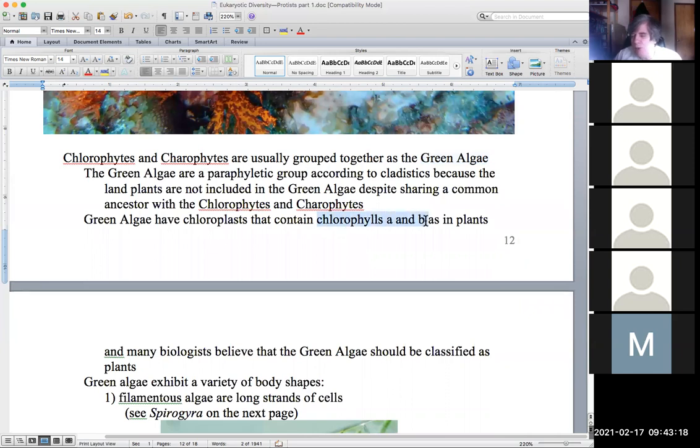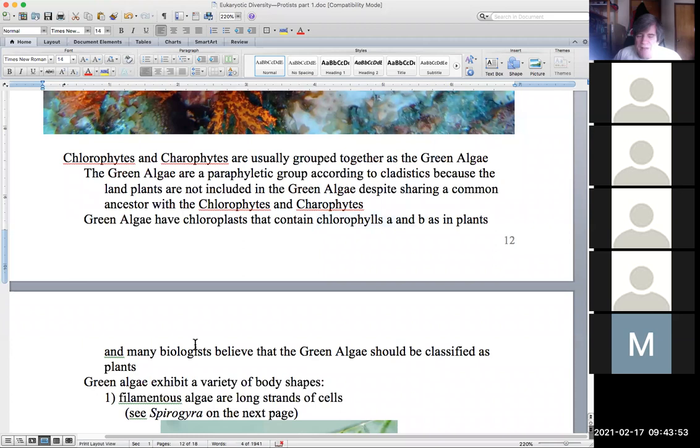Now notice both of these groups do have a lot in common. They both contain chlorophyll A and chlorophyll B, and these are the same types of chlorophyll that are found in plants. Everything that's been discovered so far that's photosynthetic contains chlorophyll A, but lots of organisms don't contain chlorophyll B. They have a different type of chlorophyll, or they have separate chemicals altogether that aren't chlorophylls at all.